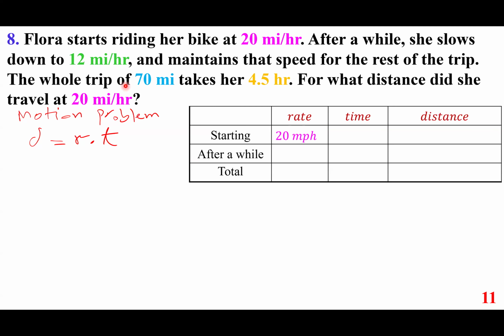After a while, we go to a different speed or rate, 12 miles per hour. We maintain that for the rest of the trip. The whole trip, 70 miles. Distance, the entire distance, the total distance is 70 miles. And it takes total of 4.5 hours. This is how you fill up the table. And now D equals RT.